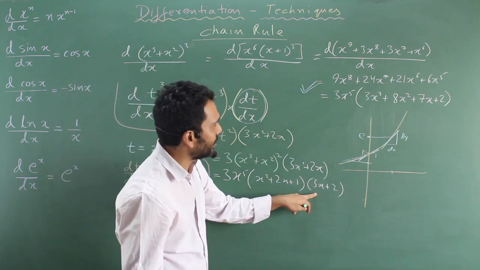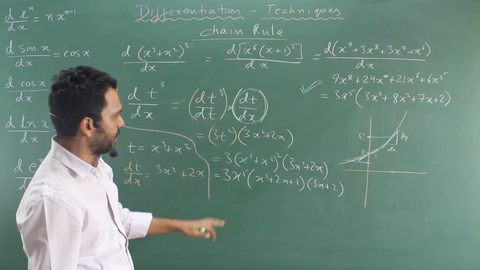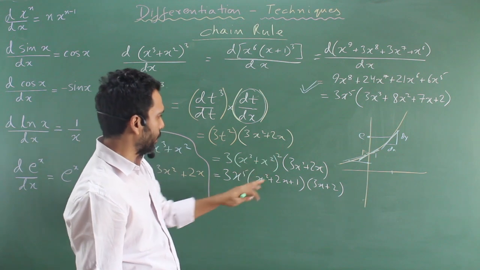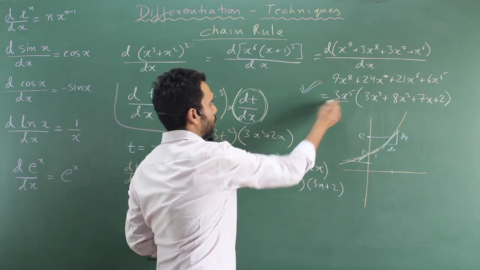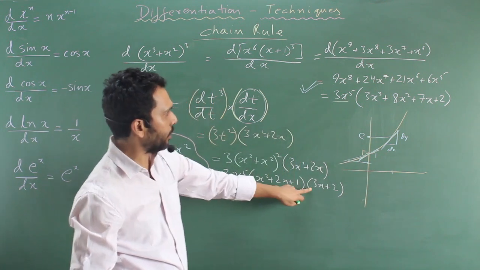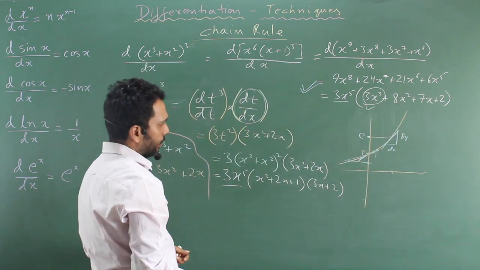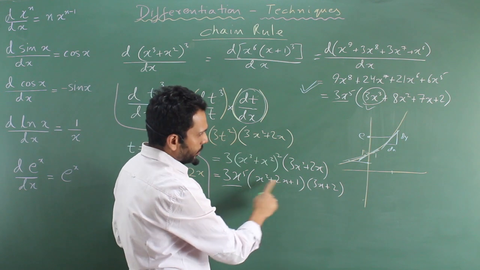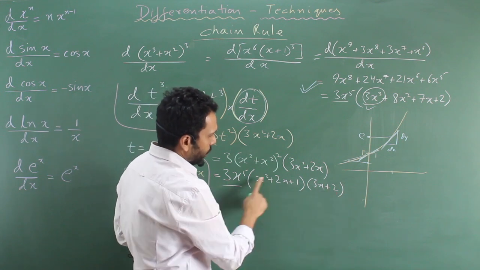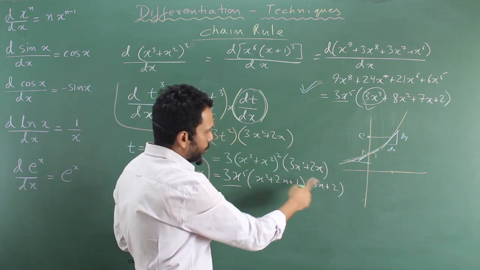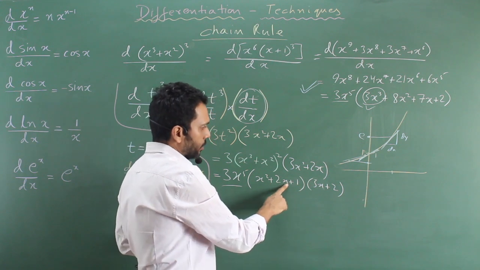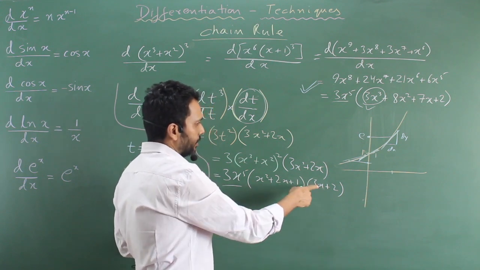Now if I open up this, I hope to get that. So I'll just match it straight away. We have a 3x power 5 outside. X square into 3x is giving you 3x cube. All right. Then we have an x square into 2, which gives you 2x square. But we have more x squares over here. 2x into 3x, which gives you 6x square.